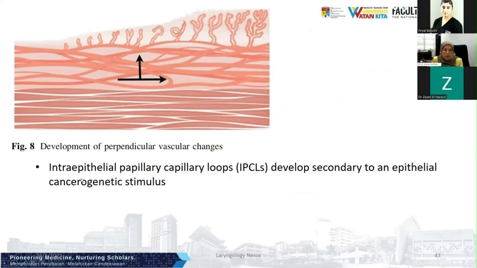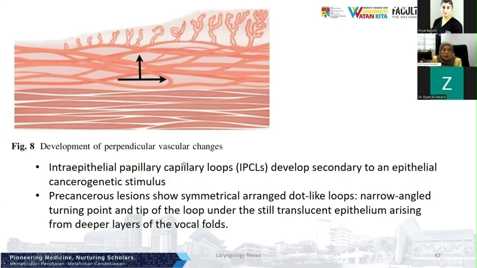We call this intraepithelial papillary capillary loops, or IPCL, secondary to epithelial cancerogenetic stimulus. So it is perpendicular to the surface of the vocal fold and feeding the lesion on the vocal fold. In the precancerous lesion, normally it shows symmetrically arranged dot-like loops with narrow angle turning points.